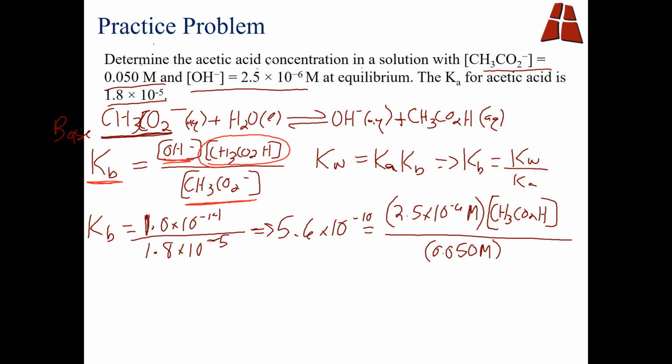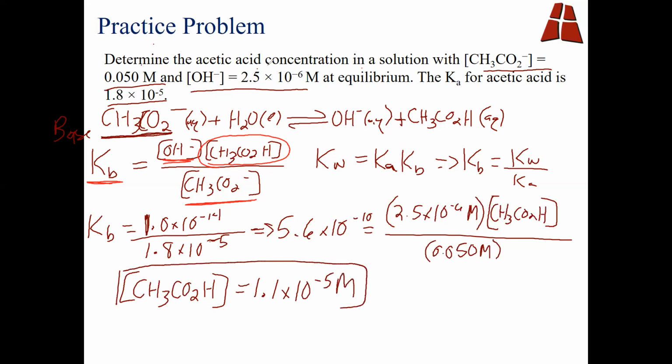And so we have three knowns, one unknown. You can, of course, do the algebra in order to solve for that. And so when you do, you should get CH3CO2H is equal to a value of 1.1 times 10 to the minus 5th molar.